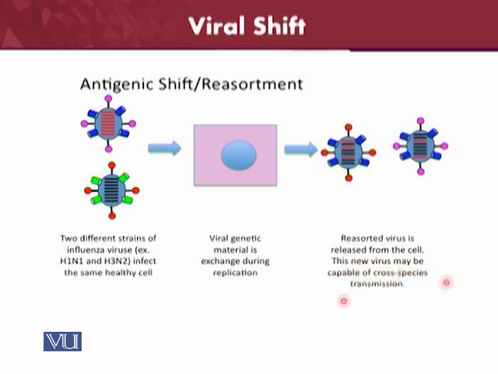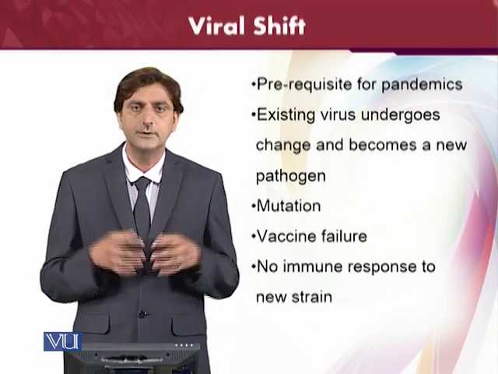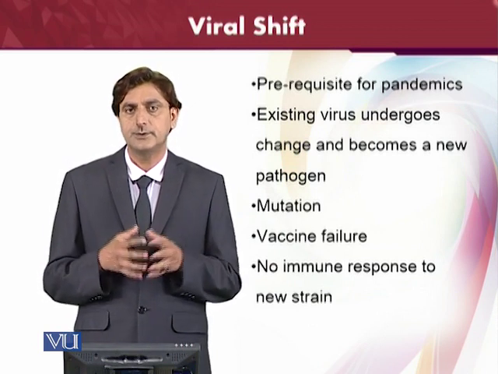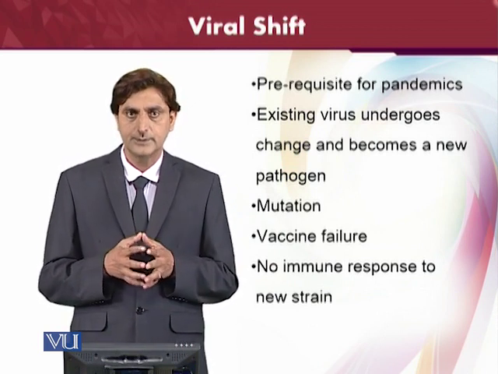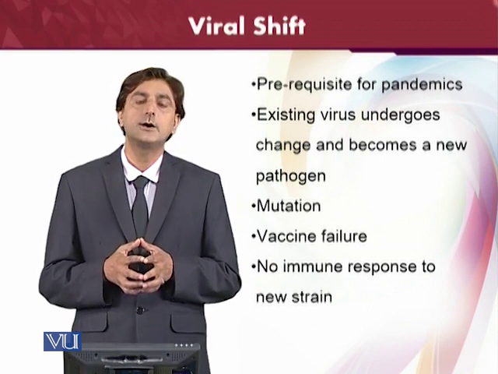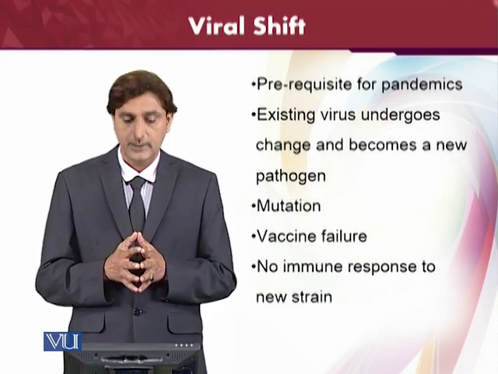This new virus may be capable of cross-species transmission, which is the advantage of the virus's niche, helping it avoid the host cell immune responses. Antigenic shift is very important for pandemics. If the new virus infects the host, it will be a new antigen. An existing virus undergoes change and emerges as a new pathogen in the environment.